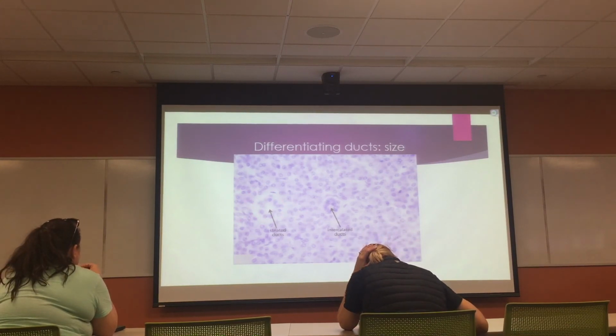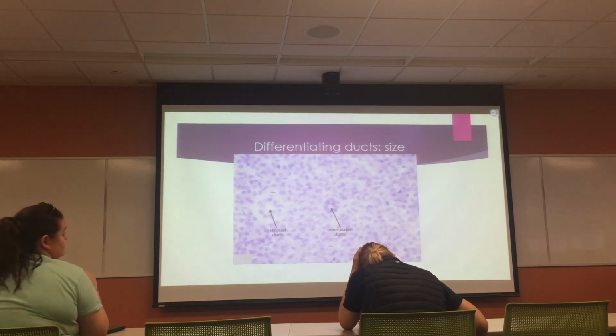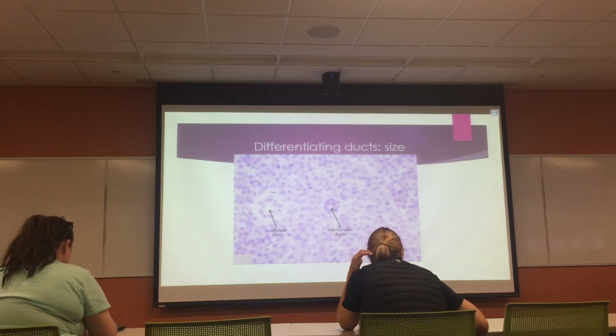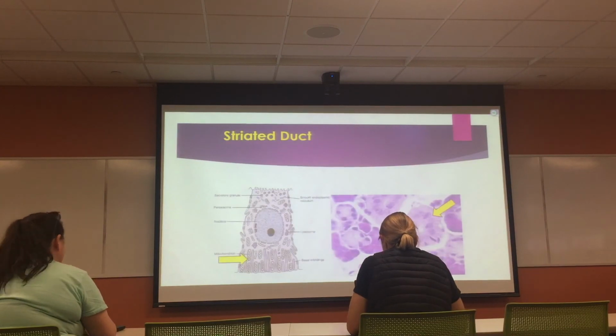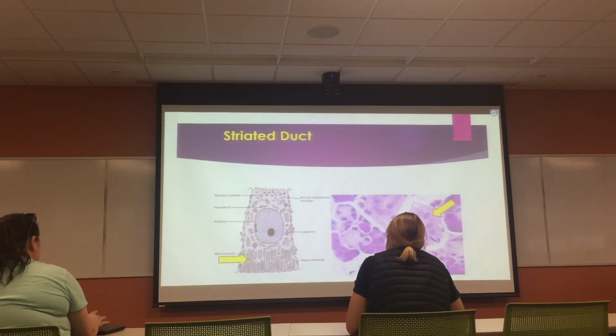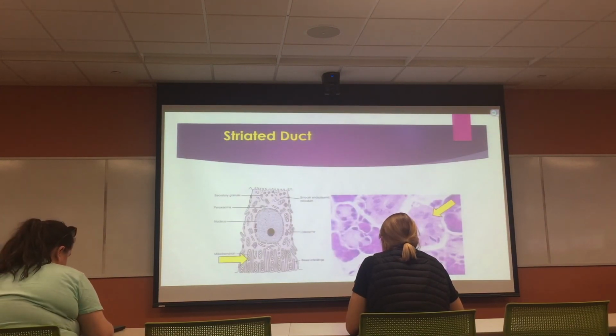Would you have to have the two in comparison, or would you be able to tell? I would want you to see both. Although if you saw this one, you should be able to tell striated versus intercalated without a comparison.